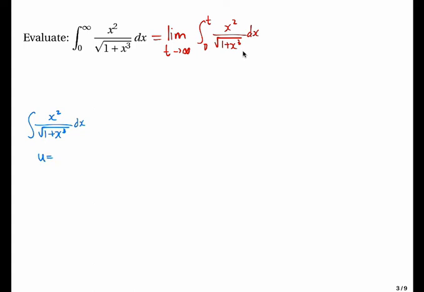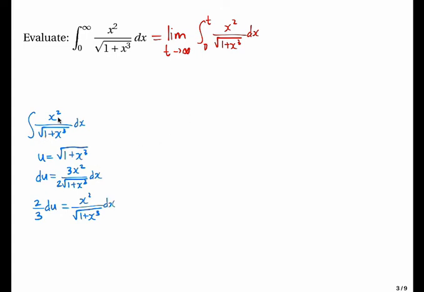We let u be equal to the square root of 1 plus x cubed, and du is equal to 3x squared divided by 2 square root of 1 plus x cubed dx. Or simply, we have 2/3 du equals x squared divided by the square root of 1 plus x cubed dx.